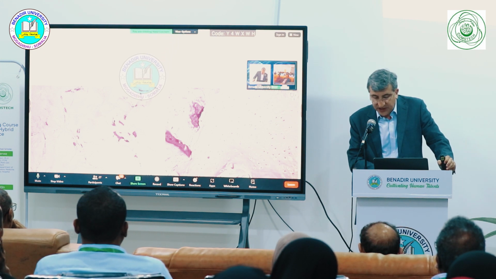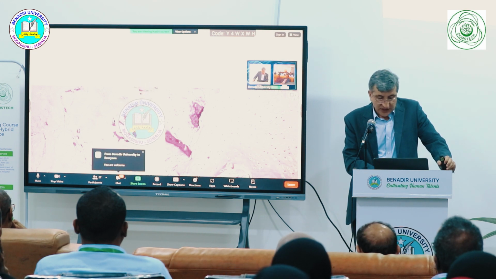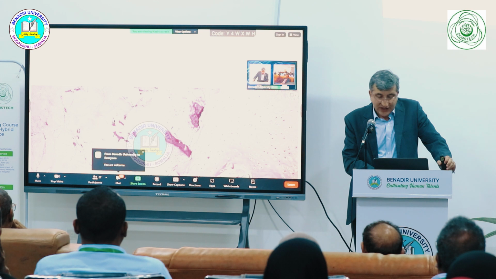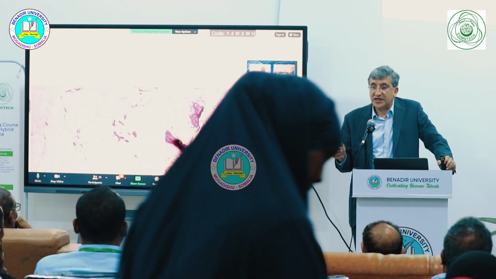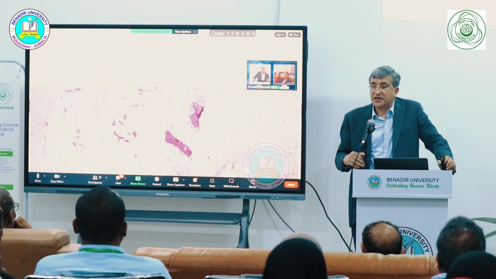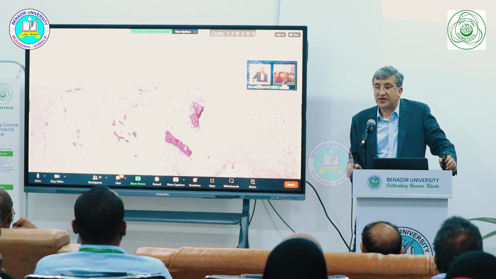Here the higher magnification, a moderately cellular cartilaginous tumor. So here the diagnosis is easy. Radiology looks easy, like an aggressive lesion. Histologically, it is infiltrating the bone. So this is chondrosarcoma grade 1.